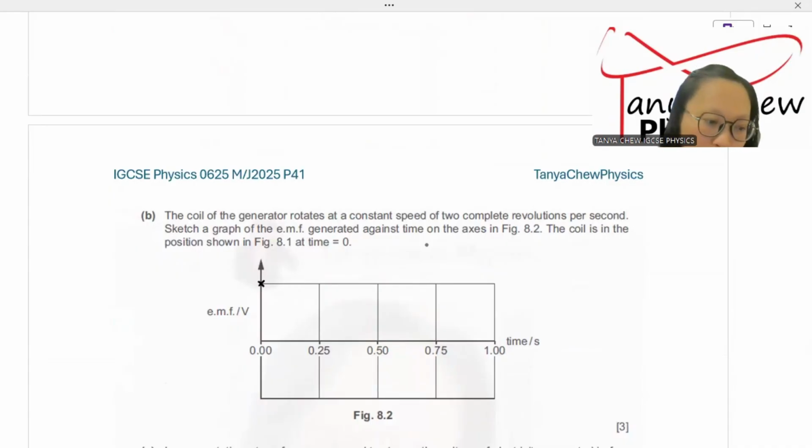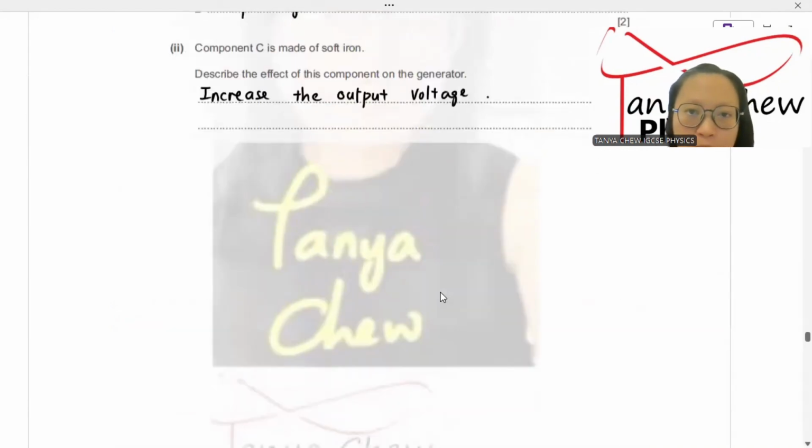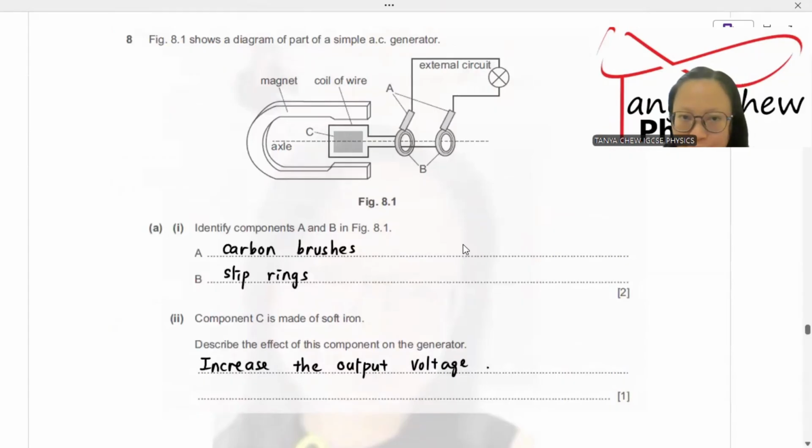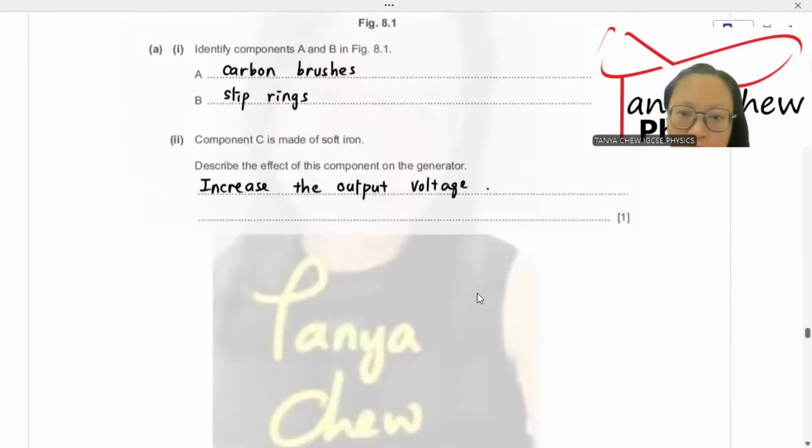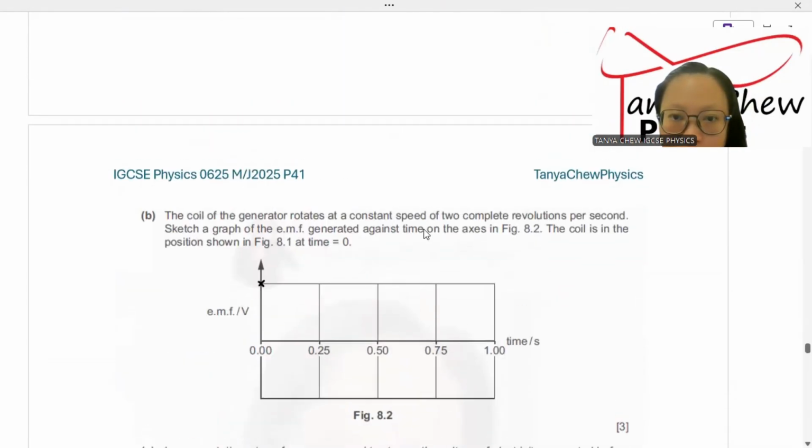And then when the coil has turned, this part of the coil is facing the magnet, then no magnetic field will be cut. So you draw a cosine graph because initially the EMF induced is maximum.